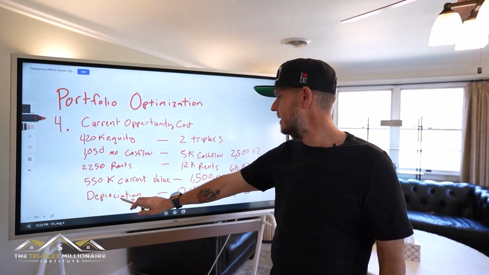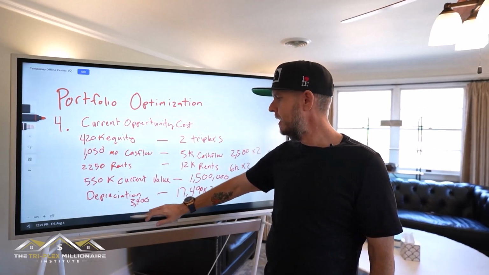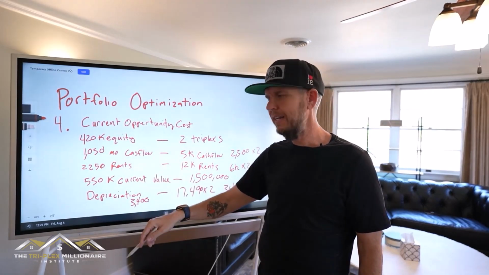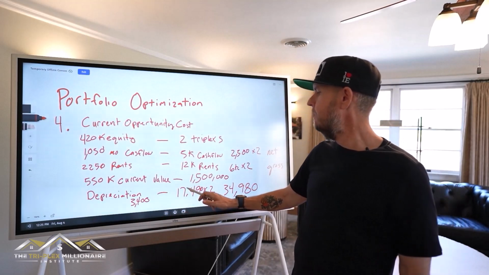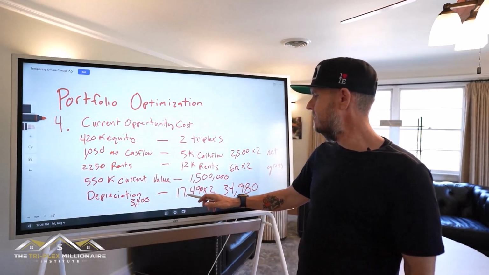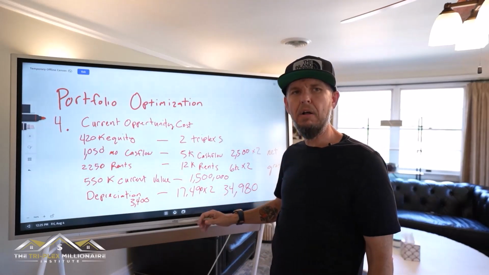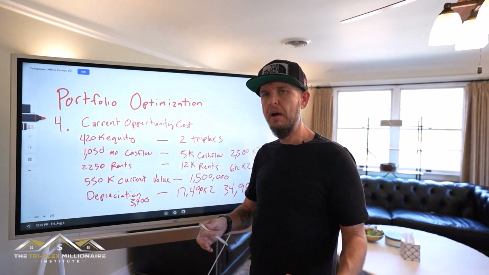And then lastly, their current depreciation expense on their properties is roughly $3,400. If you go back to the other slide, you'll see the exact number. But by leveraging into this portfolio, they're going to get $17,490 in depreciation expense per year per property.